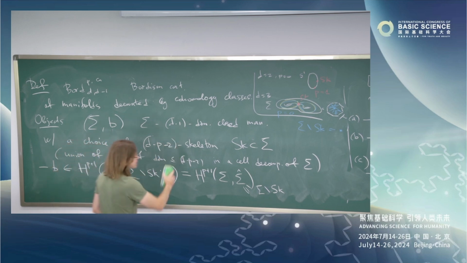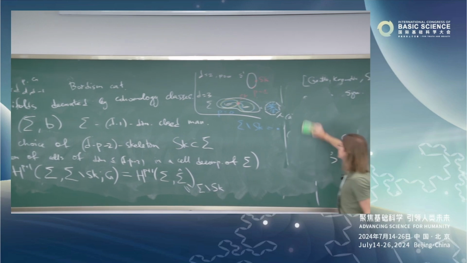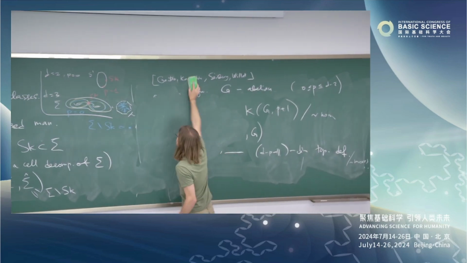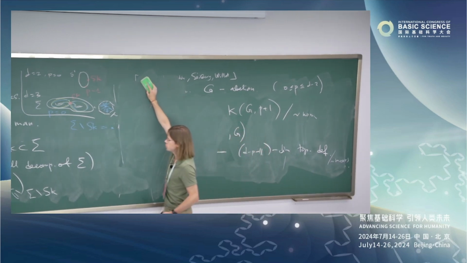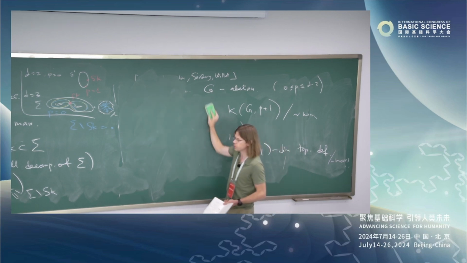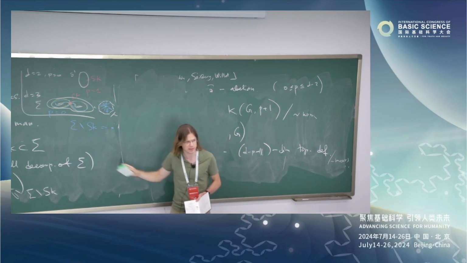So in this dimension, it's actually very simple: it's basically a choice of a point. But in higher dimensions, we'll mention this later. This is related to this CGP TQFT construction. They basically use the choice of a point, but it can be fit in this more general setup.